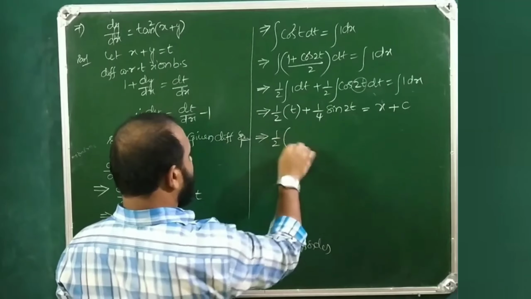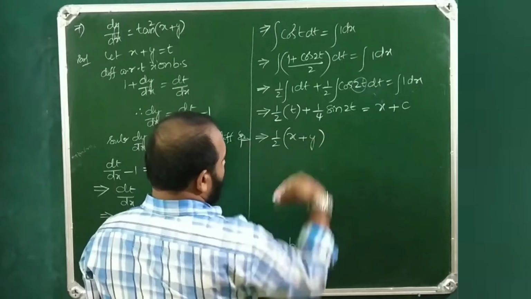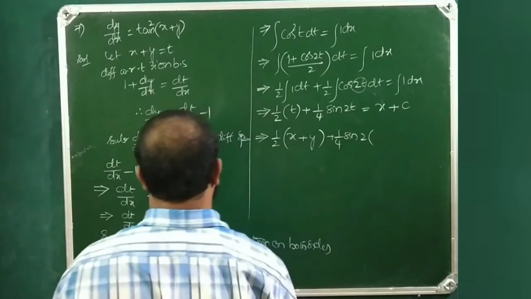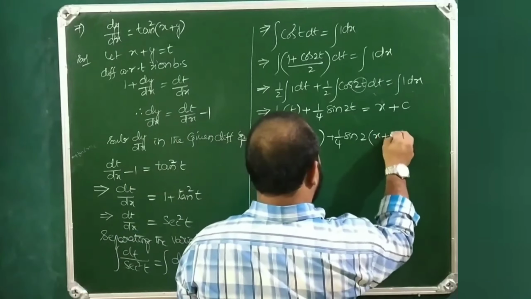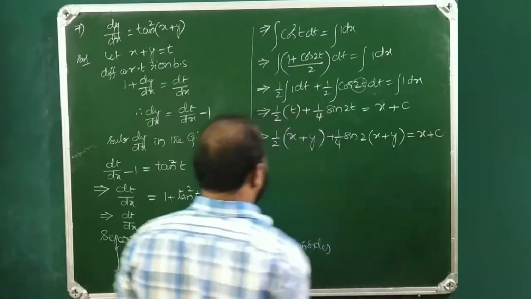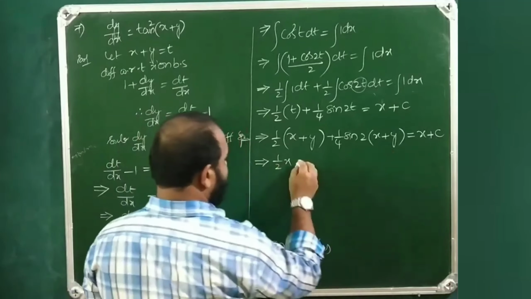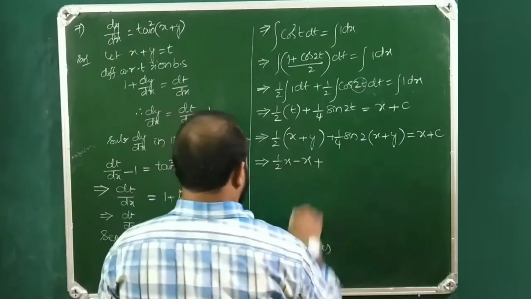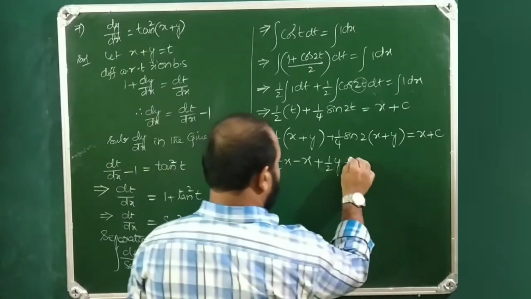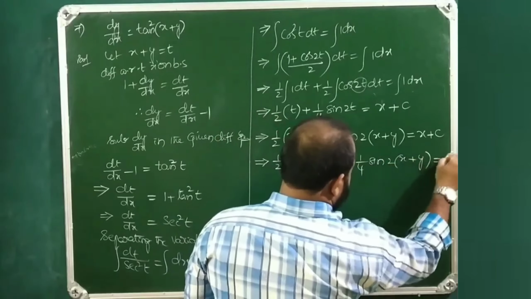1 by 2 into t is to be replaced with the x plus y. So x plus y plus 1 by 4 sine 2 into the value of t, x plus y, is equals to x plus c. This is equals to 1 by 2x minus x plus 1 by 2y plus 1 by 4 sine of 2 into x plus y equals to c.